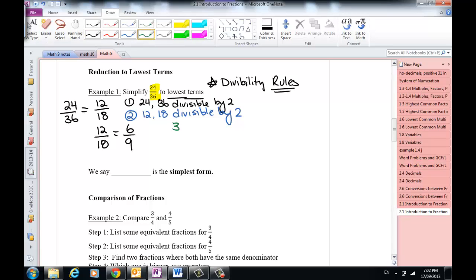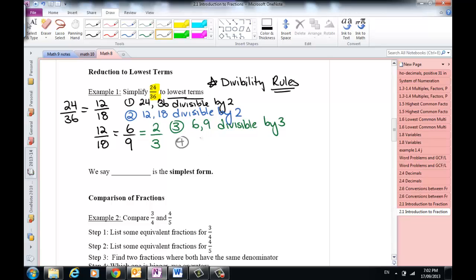So we have to ask ourselves again, is this in the most reduced form? And in fact, it's not. Notice that 6 and 9 are divisible by 3. So I can write 6 over 9, 6 divided by 3 is 2, 9 divided by 3 is 3. And finally, I'm going to ask myself again, are they in simplest form?